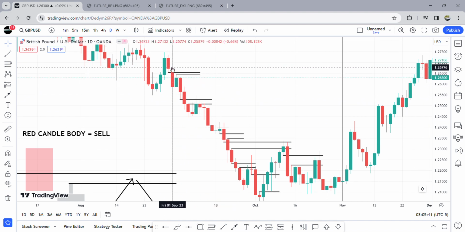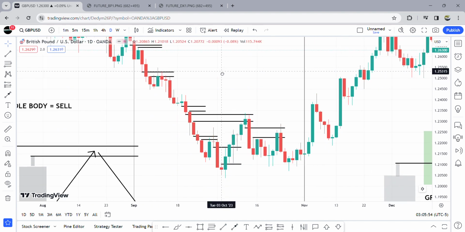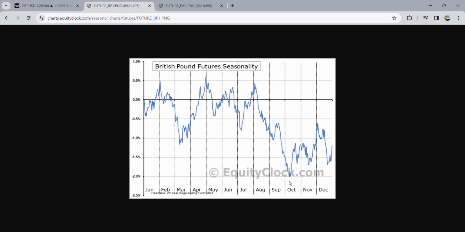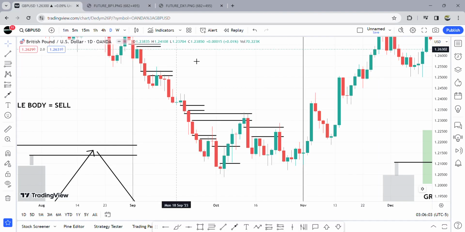It doesn't go up to the high of the beginning of September, but there's still a gap inside here, and there's a re-entry into that gap, and then a push down as we go on, all the way until about the second week in October. So let's look at October. That's the first week of October, second week of October, until there.